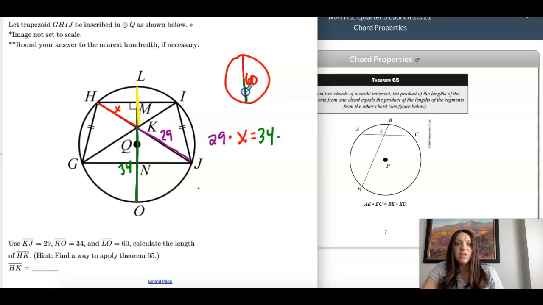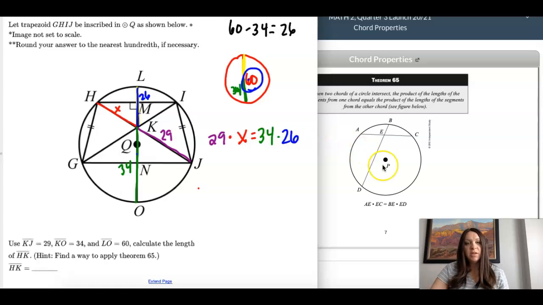So if I know this is 34, I can find the length of the other one by taking 60 minus 34. So 60 minus 34 is 26. So actually LM right here would be 26 because those two need to add up to be 60. Okay, so 34 times 26.